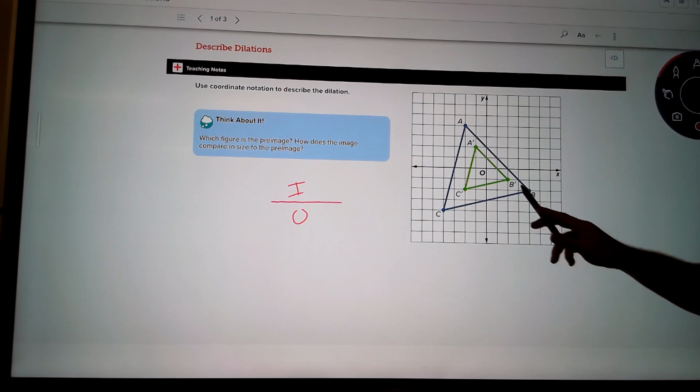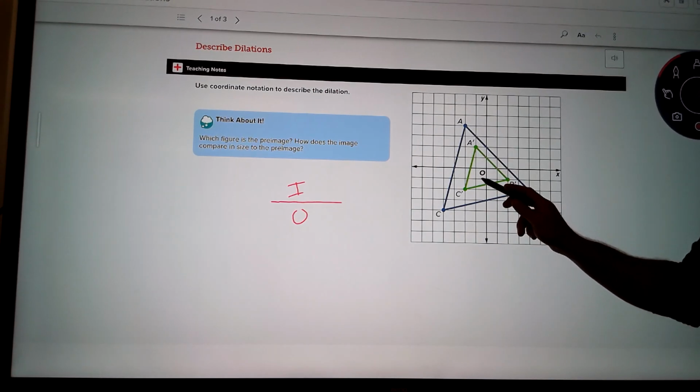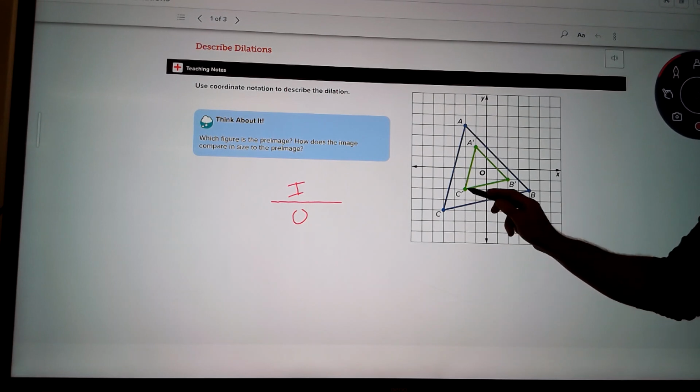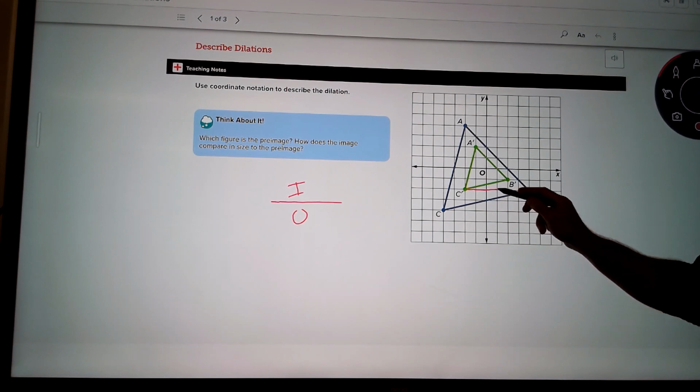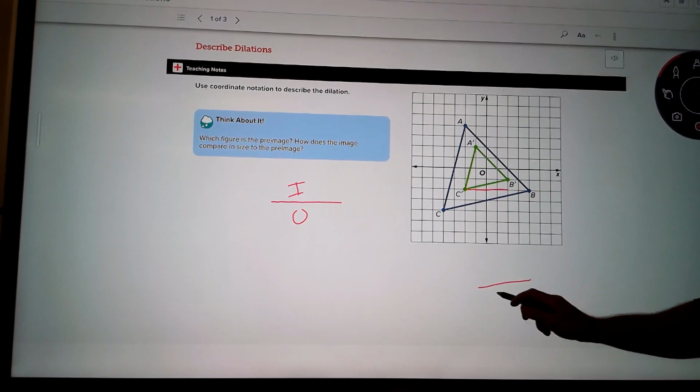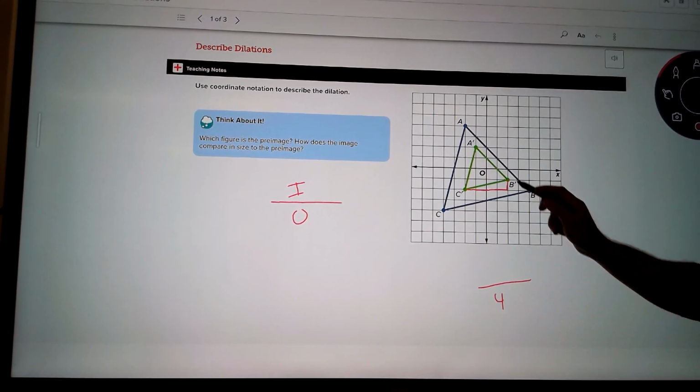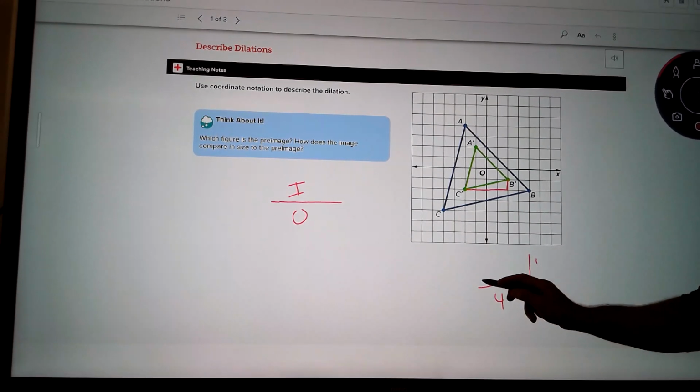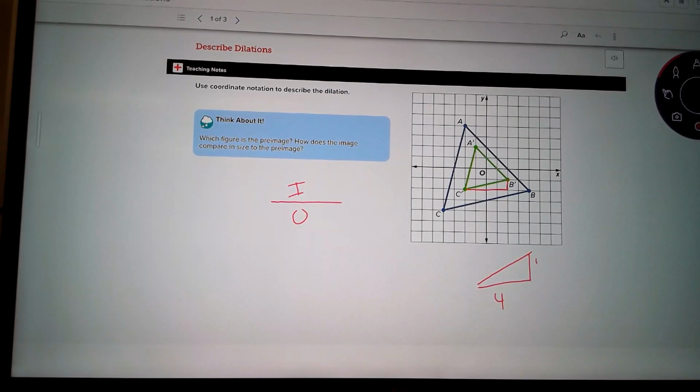So if I'm going to pick, let's just say this side right here. I'm going to go with CB. I go 1, 2, 3, 4. So this side of the triangle is 4, and I go up 1. So I know I can use Pythagorean theorem right there to see how long that is.